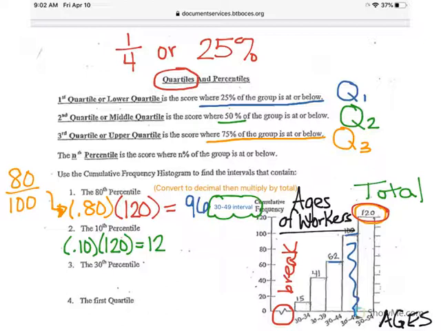So we need to look, where is the 12th person in this particular set of data? Looking at our graph, we see the first number is 15. That means 15 people are in this category, 30 to 34. So obviously the 12th person would also fall into that category.